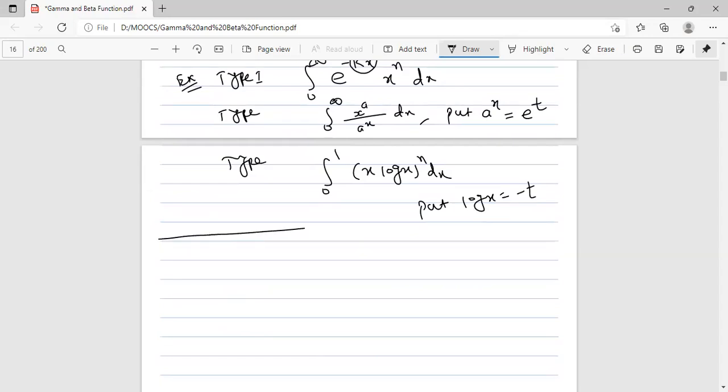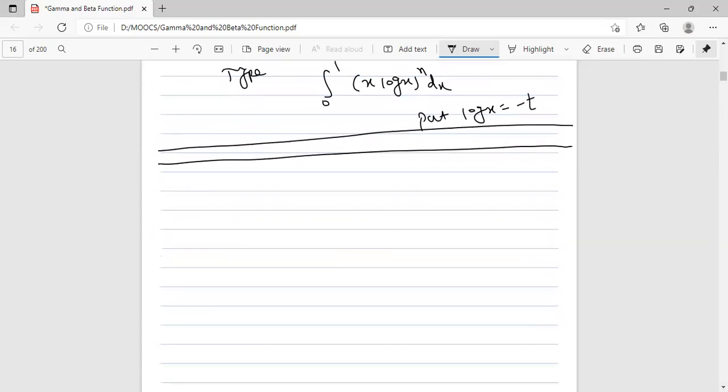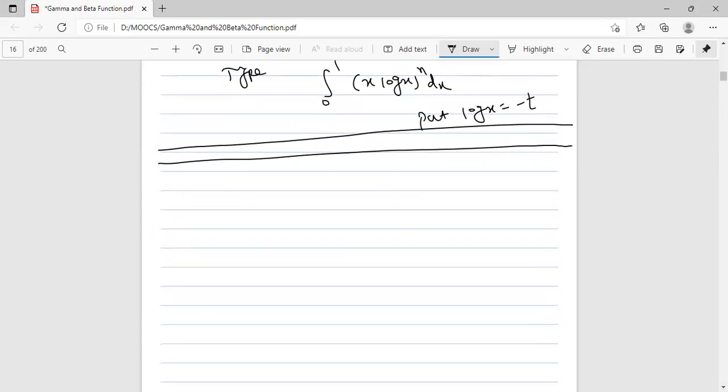Now I will move towards the next part, and we have discussed under improper integrals that the integral 0 to 1 x raised to power m minus 1 into 1 minus x raised to power n minus 1 dx converges for m greater than 0 and n greater than 0.